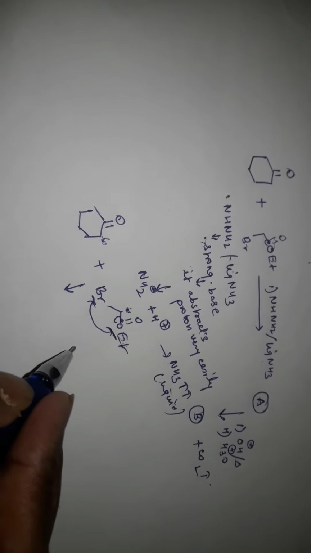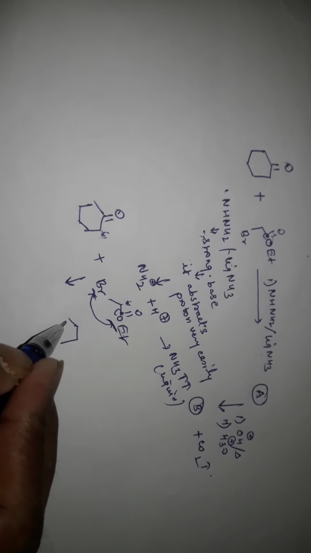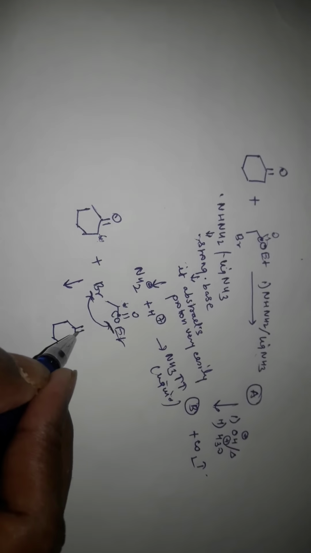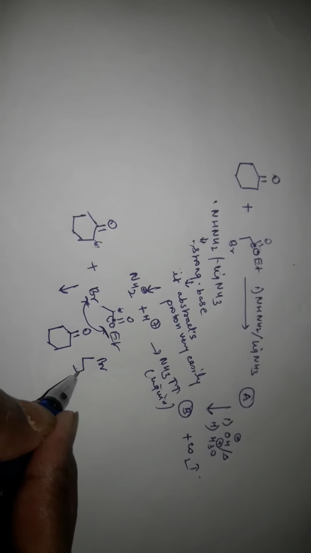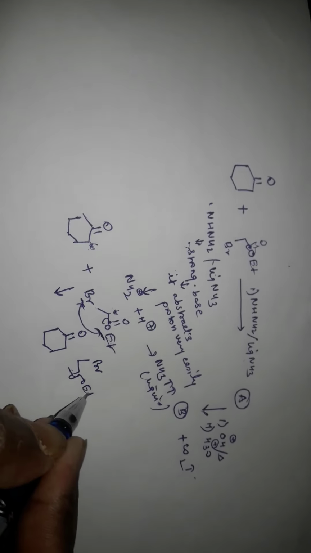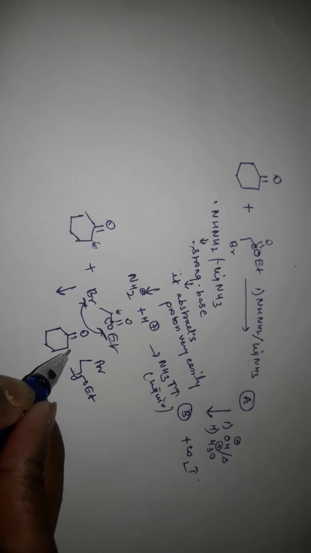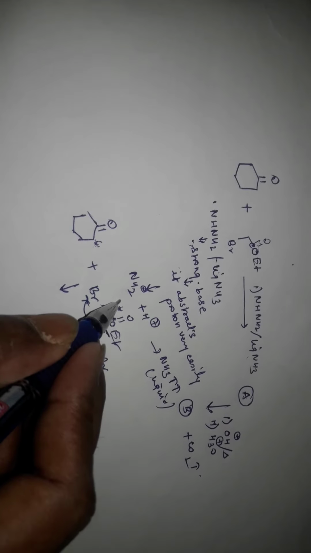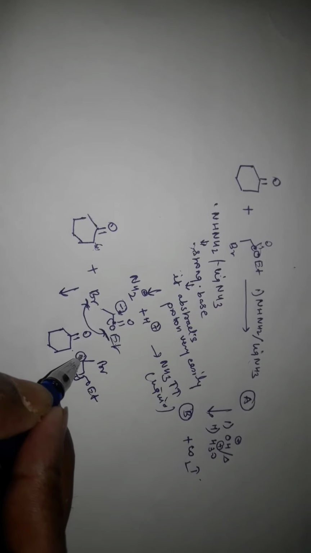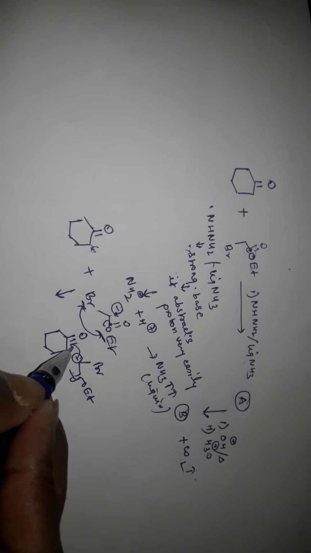Okay, so first of all, what is the mechanism? If you see, this minus charge means enolate will be formed here. This will attack on the soft center, meaning carbonyl.